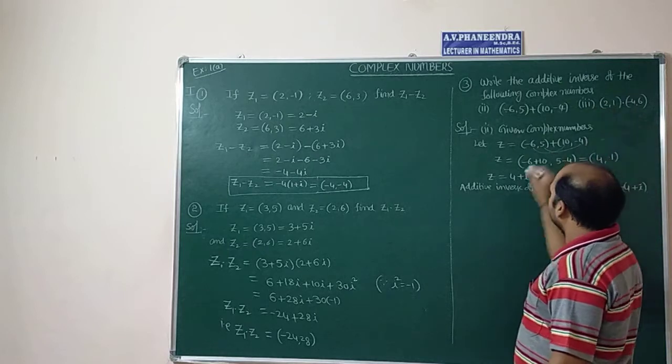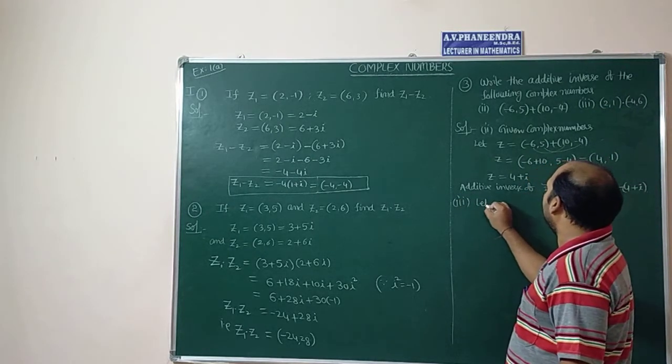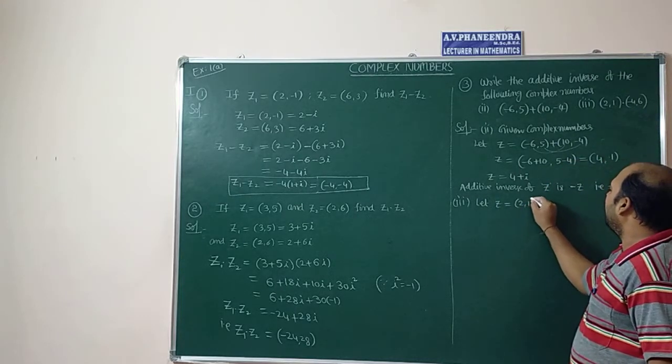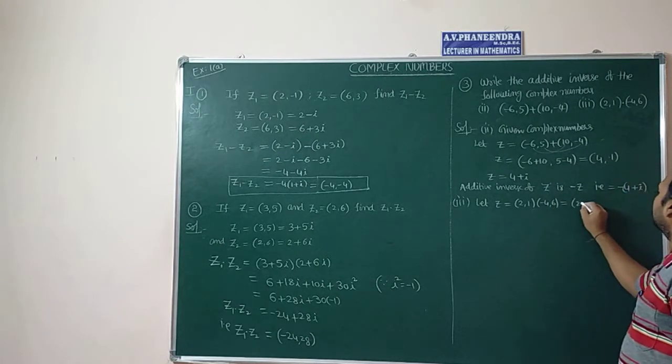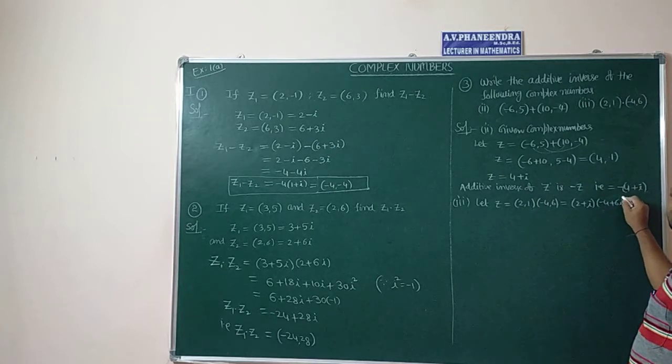And come to here, Roman letter 3, let z is equal to, first you have to do the product. 2 comma 1 into minus 4 comma 6, that we can express as complex numbers, 2 plus i into minus 4 plus 6i.